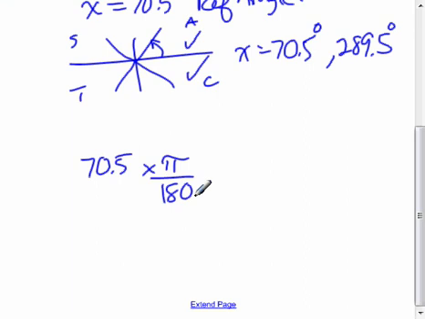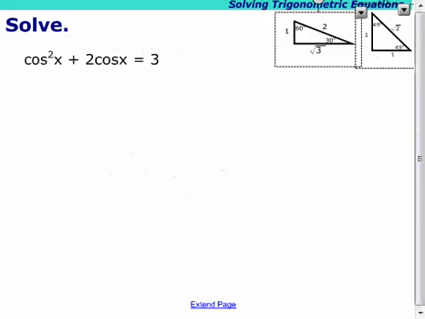So if I multiply that by 3.14 and divide it by 180, I come up with 1.23. So 70.5 would be 1.23 radians, and I would do the same thing for 289. Okay, let's look at some other equations.